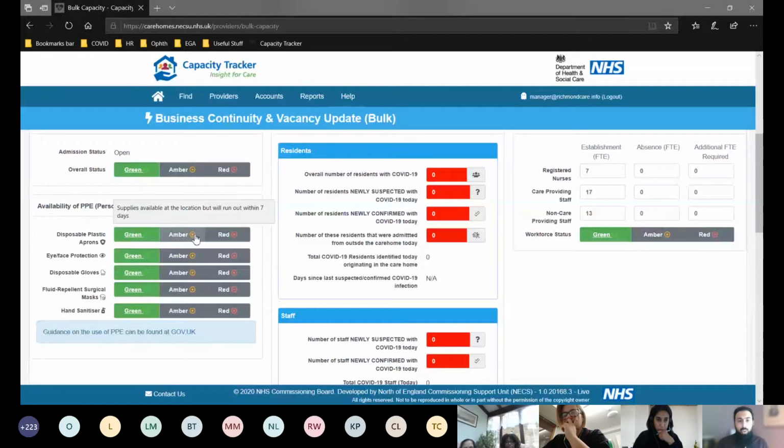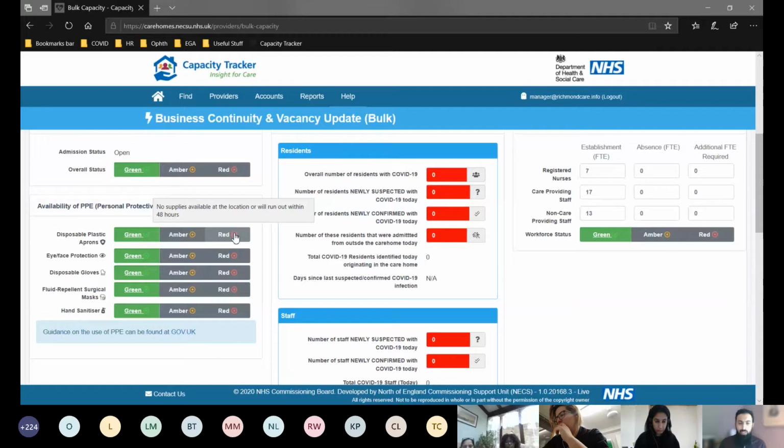With amber, you've got supplies available, for example, in this case of aprons, but they're expected to run out within 7 days. So in the next week, they're expected to run out. And then for red, you're expected to run out within the next 2 days. So you've only got enough aprons to see you through the next 2 days. When you input this, and I will show you what your local authority or CCG colleagues will see, there is a report that they run which then tells them which homes are green, amber or red.